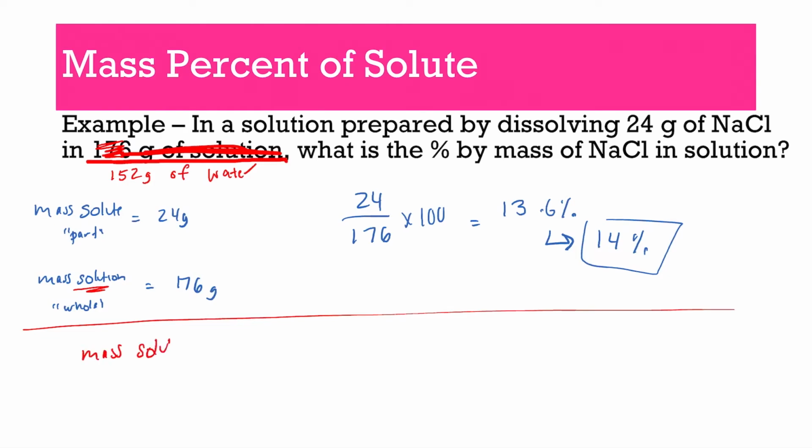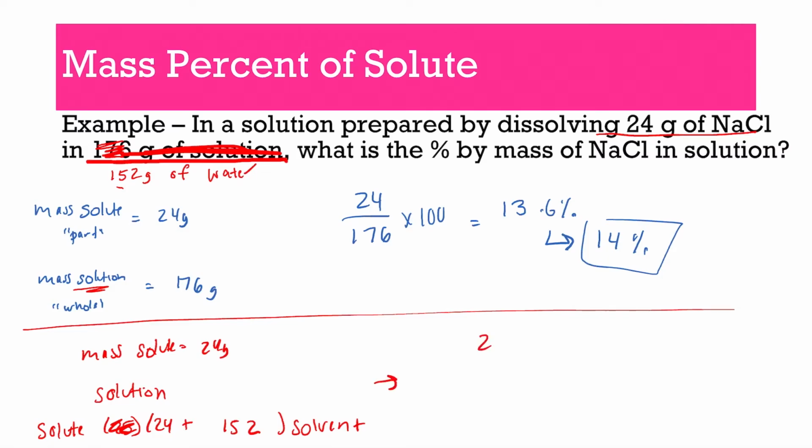Our mass of solute, again, is still 24 grams. That's what's being dissolved. And our solution, remember, is solute, which is 24 grams, plus our solvent, which is the water, 152. We set up the same way, part over whole.